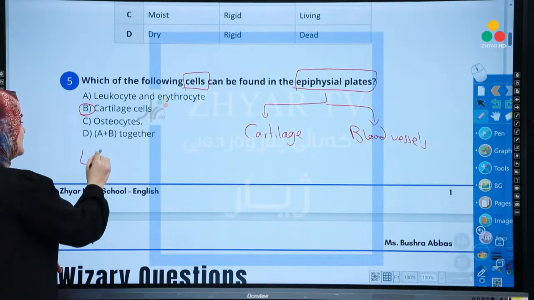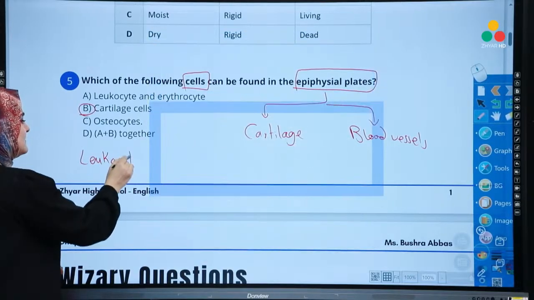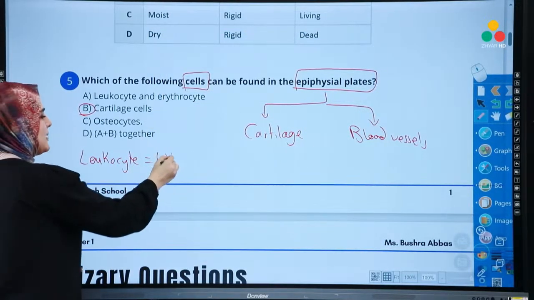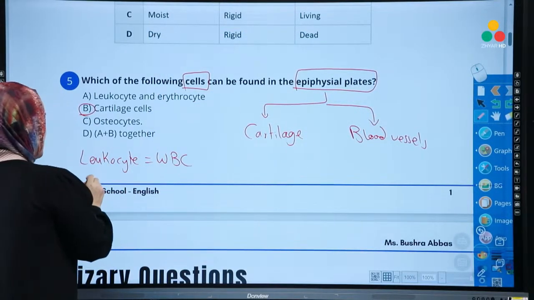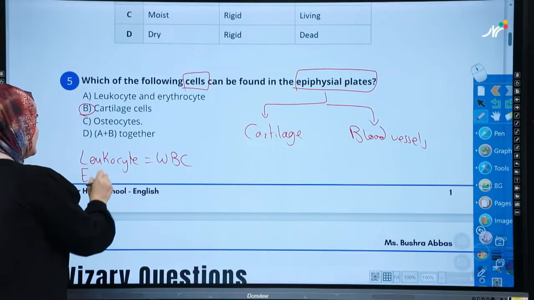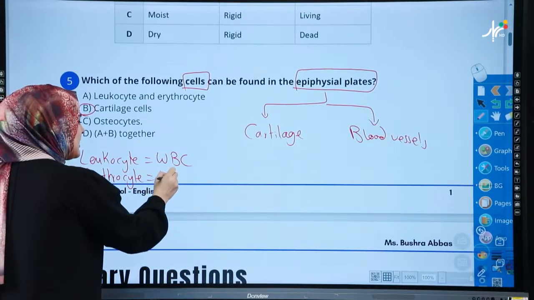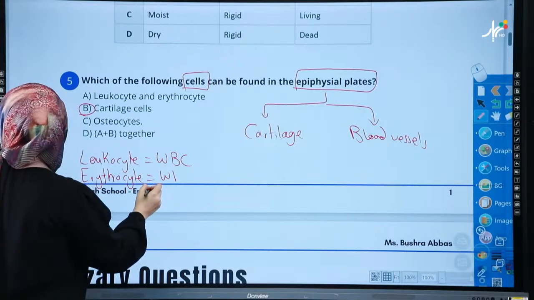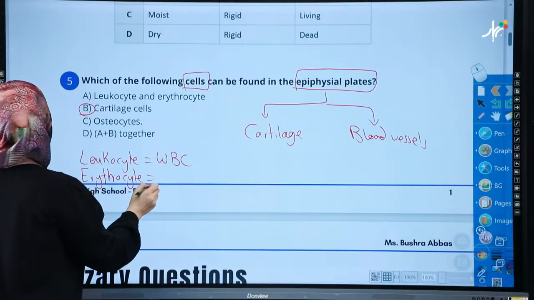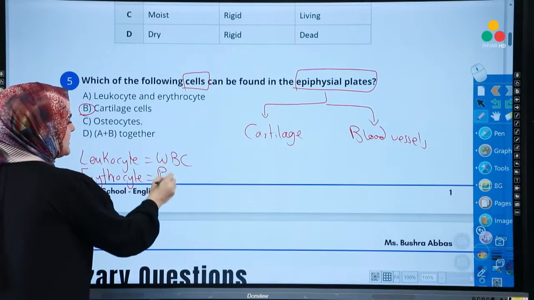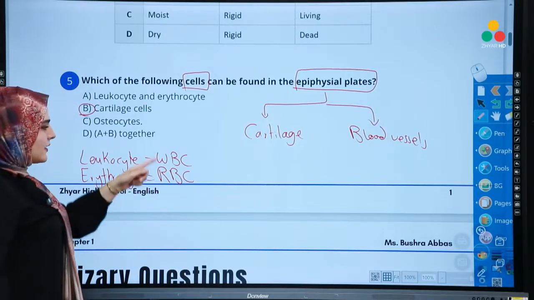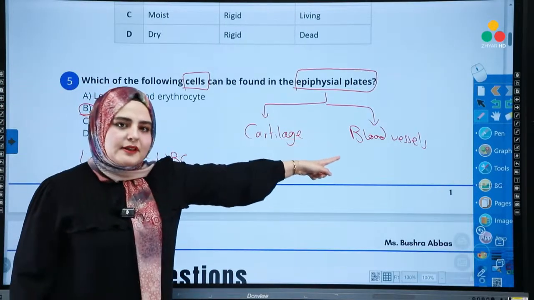Leukocyte equals white blood cells, while erythrocyte is another name for the red blood cells. Aren't these two part of the blood vessels?